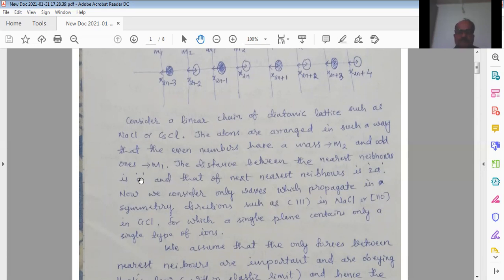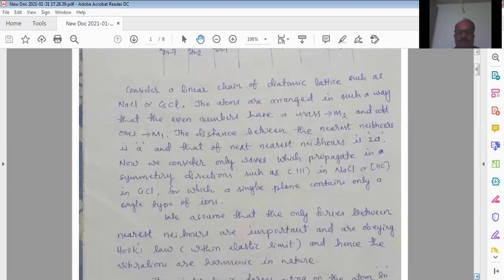Now we consider only waves which propagate in symmetry directions, such as 111 in the case of sodium chloride, or 110 in the case of cesium chloride, for which a single plane contains only a single type of atoms.